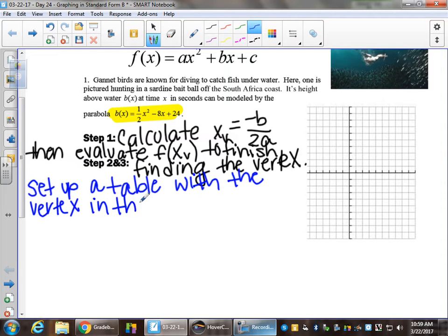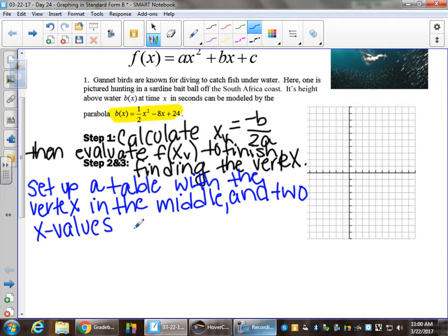So just like we did yesterday, our input-output table. And 2 x values to the left and right.